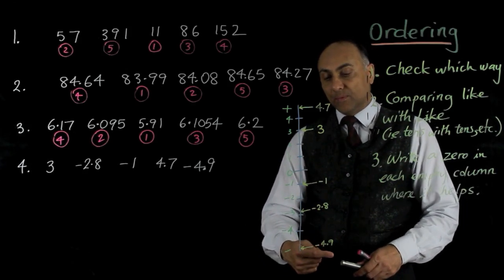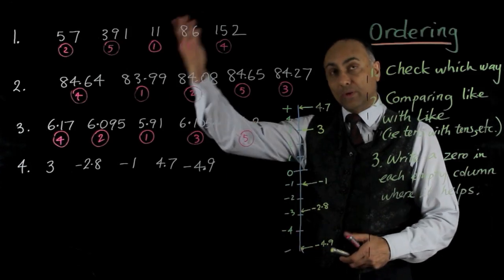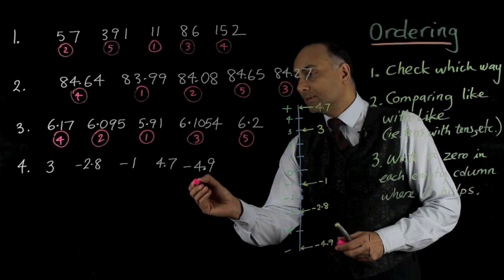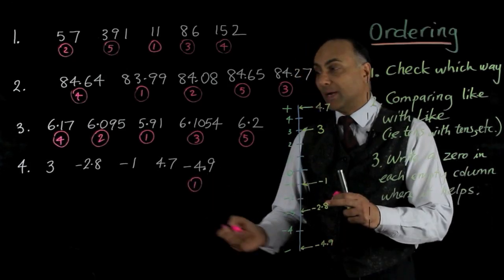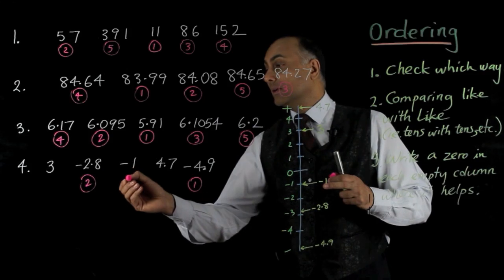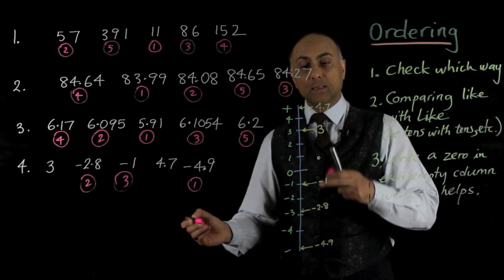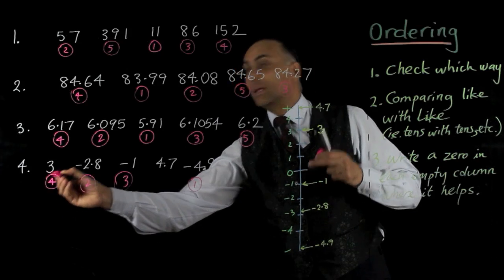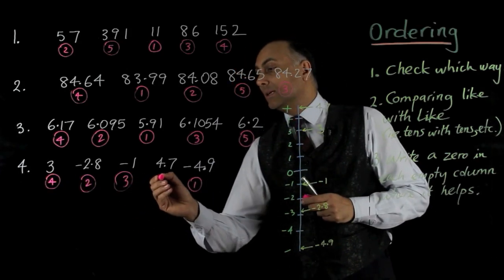So it's from smallest to biggest, which is what we were doing here, is -4.9, then -2.8, then -1, then 3, and of course 4.7 is the biggest.